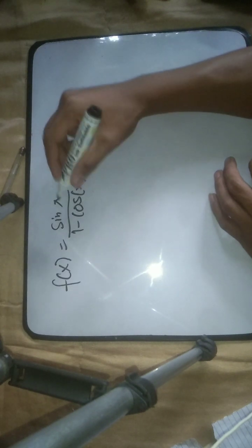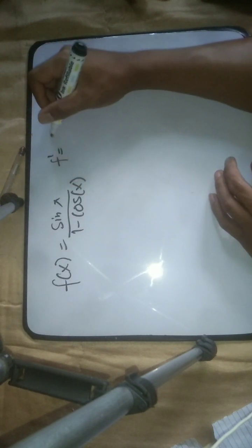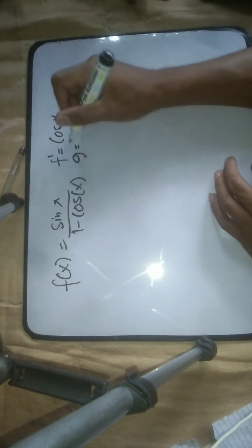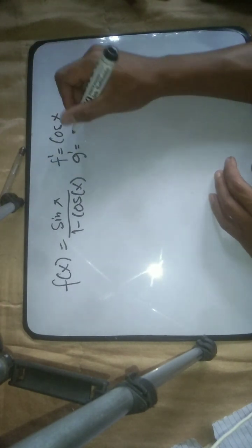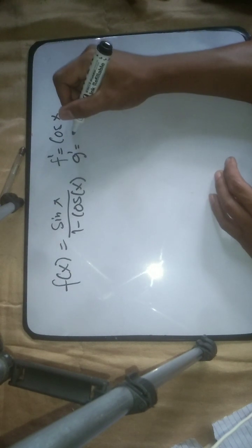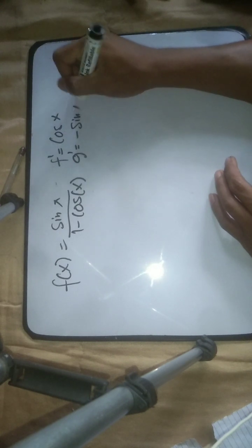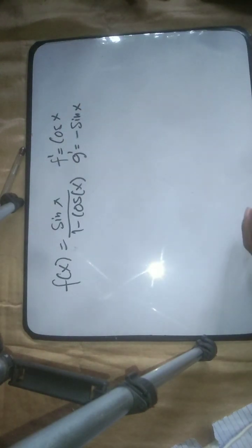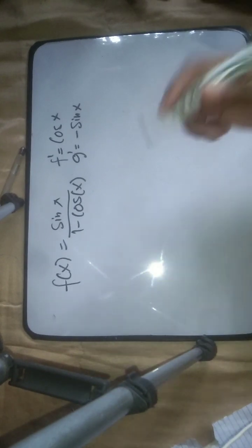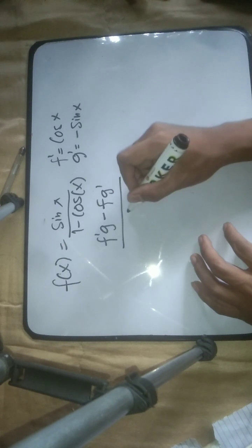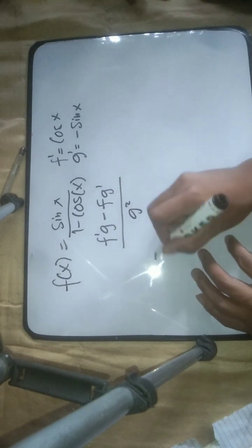Say the derivative of sin x is equal to cosine x, and let's say this is our g. The derivative of g, 1 minus cosine x, is equal to negative sin x. So now we will use this formula, derivative of f times g minus f times derivative of g, over g squared.